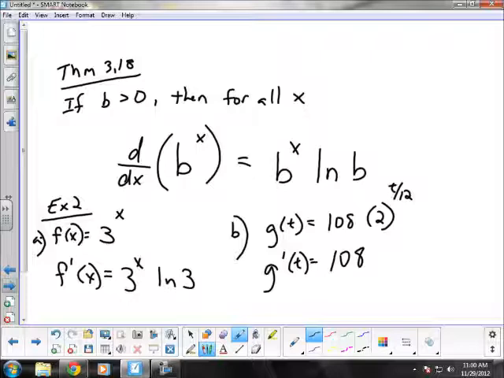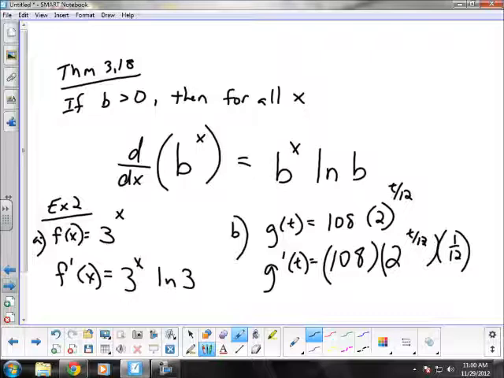Then 2 to the t over 12, but I do have a problem now because I also need to do the chain rule here, right? Yep. So I need the derivative of t over 12, which would be 1 over 12, right? Because that's just like 1 over 12 times t.